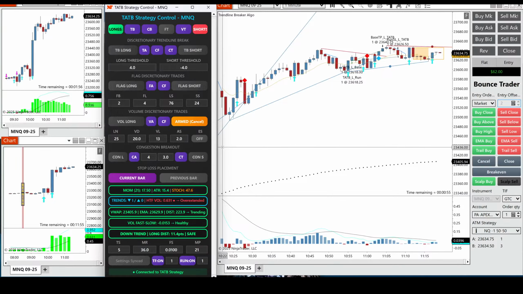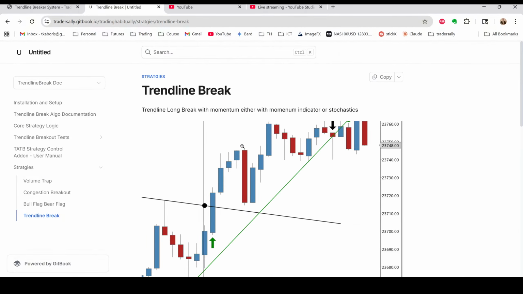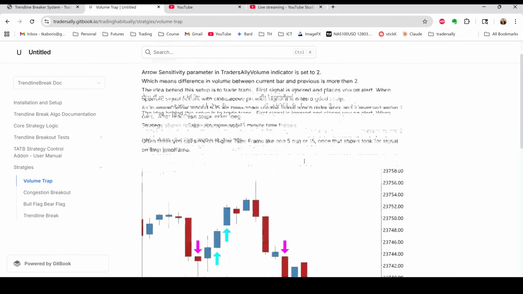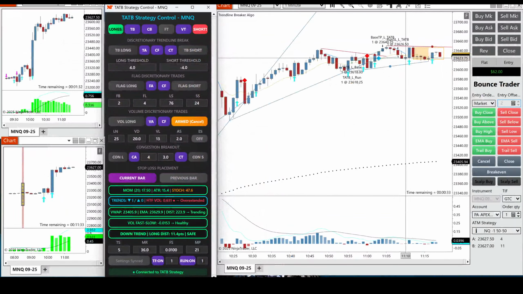I'm trying to play the volume setup, but I'm really trying to play the chop setup, where you have this bar and you have an opposite bar. We have this bar, then we have this bar to the downside.